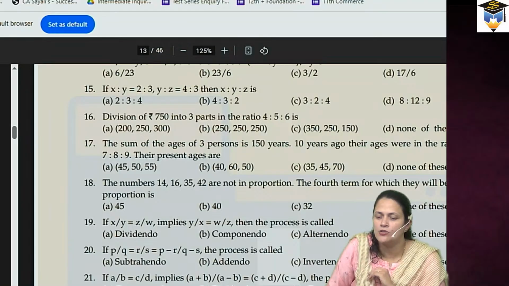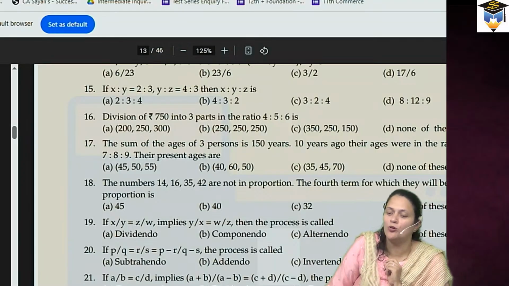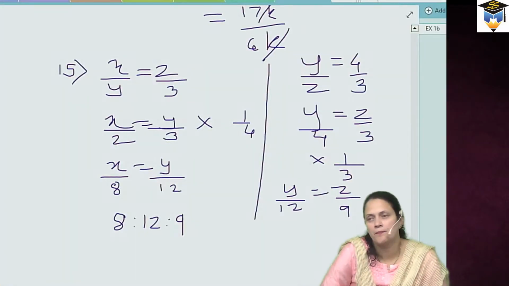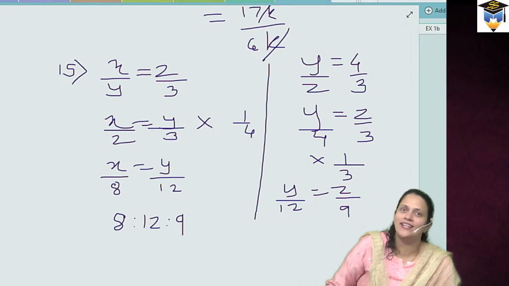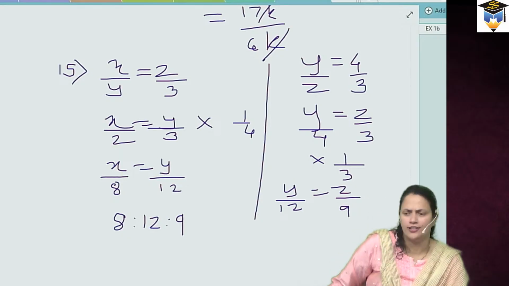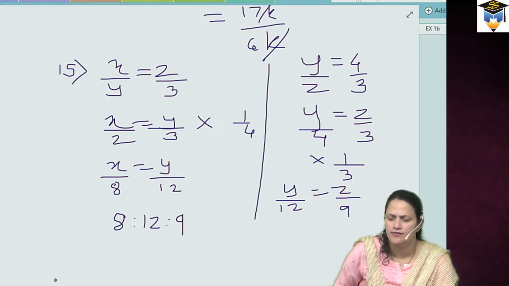Now I think let us do 19, 20, 21 orally because they are very easy. So we'll try to finish up to 20 today. 18, 19, 20 can be done orally. Also 21 I think.